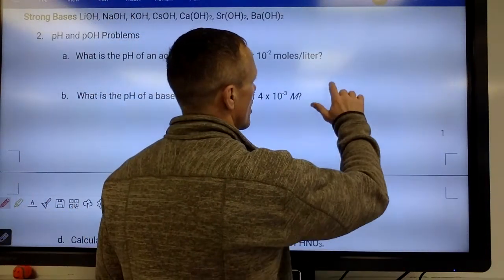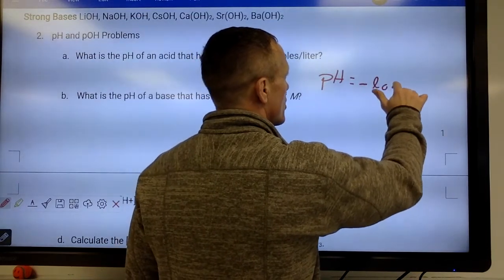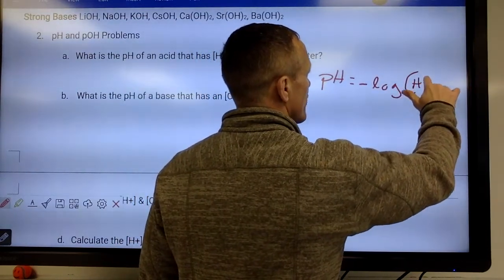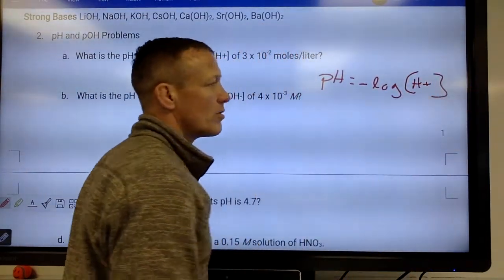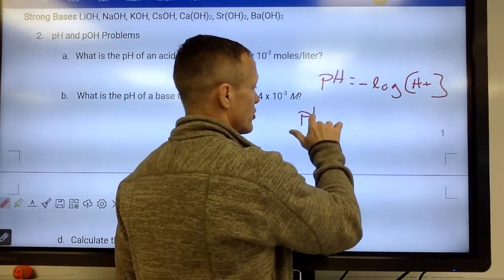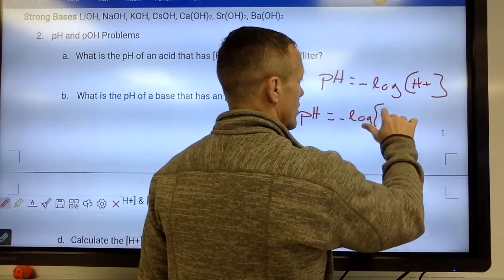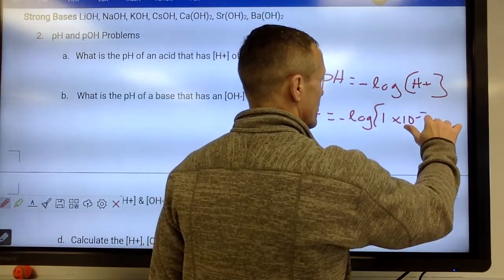So pH equals the negative log of the concentration of H plus ions. In water, the concentration of H plus ions is 1 times 10 to the negative 7th. So the pH of water is the negative log of 1 times 10 to the negative 7th.